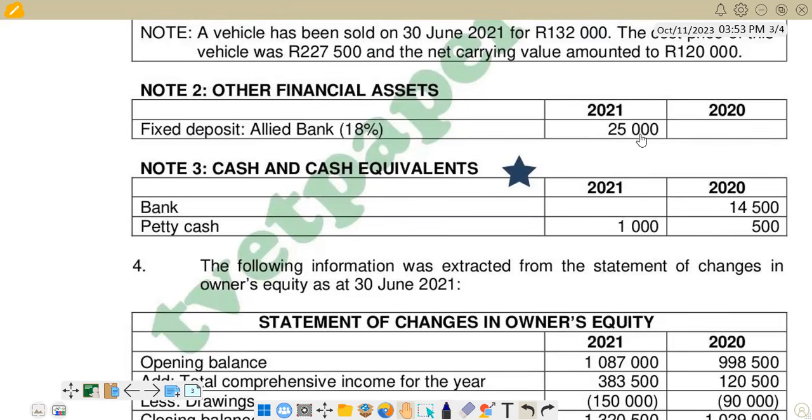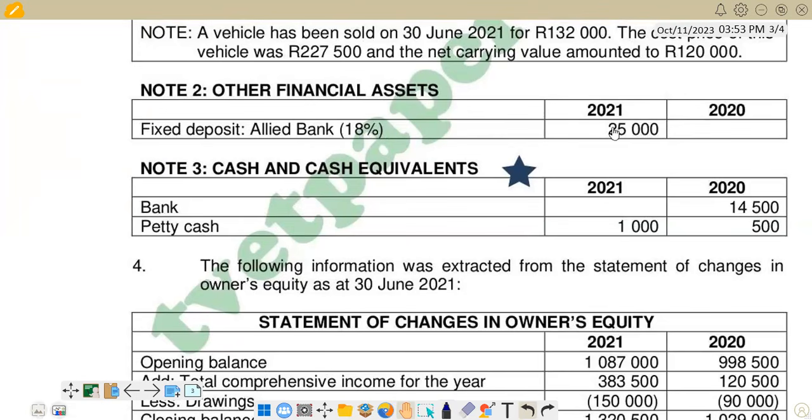We are saying 25,000 here. But we see that in 2020 it wasn't there. So we need to know when this deposit was made, so that we can see if it stayed the whole year. If it stayed the whole year, we are just going to say 18% times 25,000. But remember, this 18% is per annum.